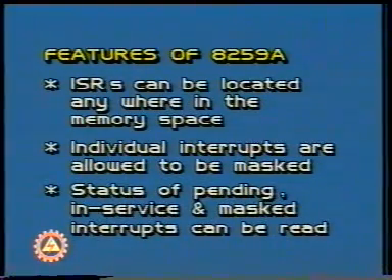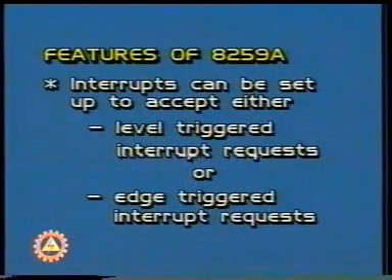The status of the pending interrupts, the in-service interrupts, which can be more than one in case of nesting, and the masked interrupts can be read as the status of the controller. The interrupts can be set up as level interrupts or they can be edge triggered interrupts. The priorities of the interrupts can be dynamically changed during the execution of the program.